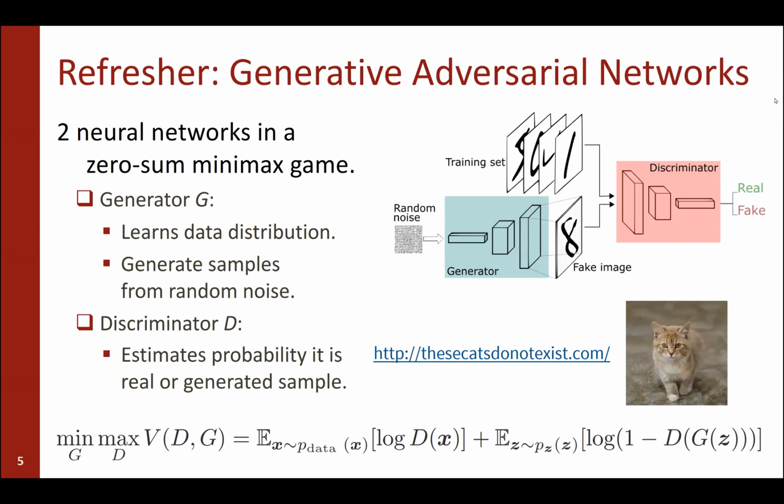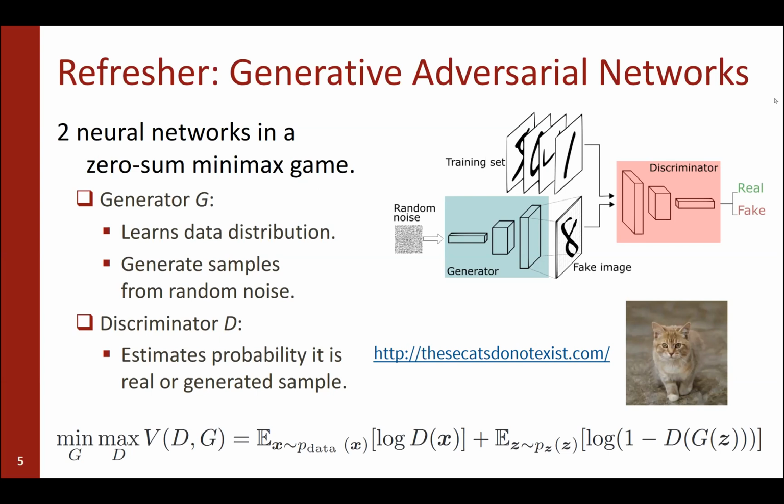So this is a quick refresher, and I don't know if this has been said before, but a quick refresher on generative adversarial networks, GANs. These were proposed by Goodfellow back in 2015, I guess. So the idea is that you have two neural networks that are playing what's called a zero-sum min-max game. There is a big loss function down there and the idea is that you train two networks, one against the other.